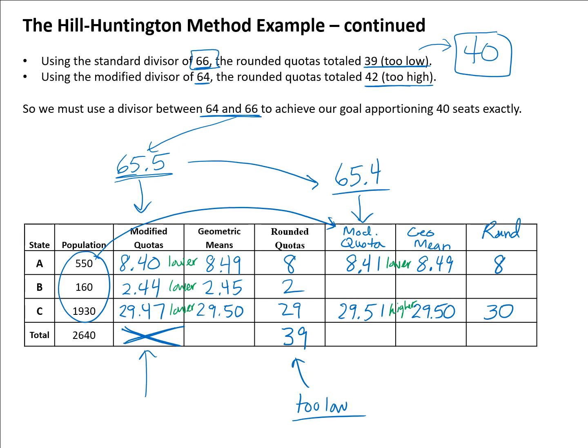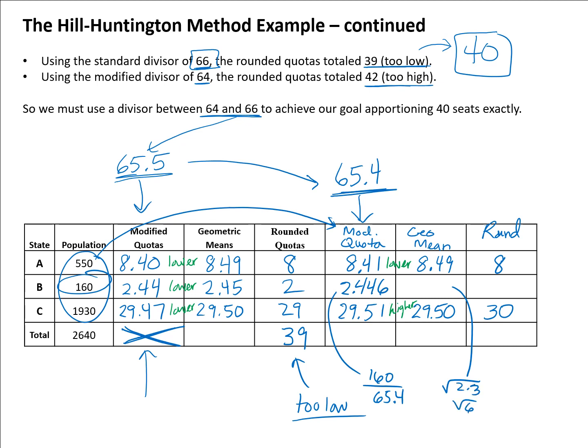So if I calculate this out, 160 divided by 65.4, and I take it out 3 decimal places instead of just 2, I get 2.446. So that's from taking 160 and dividing by 65.4 and taking it out 3 decimal places. And then I can do the same thing with the geometric mean. The geometric mean was from the square root of 2 times 3, which is the square root of 6.